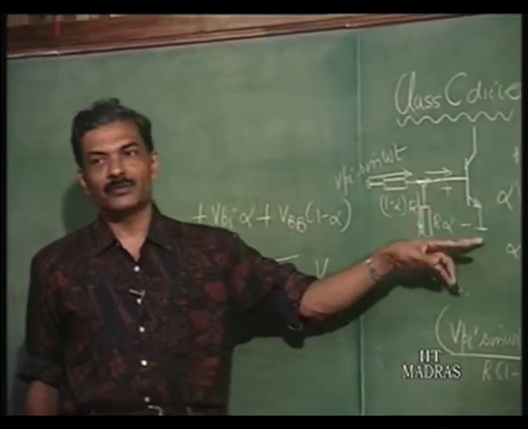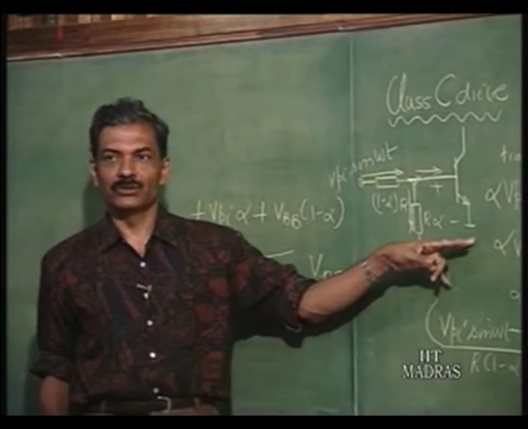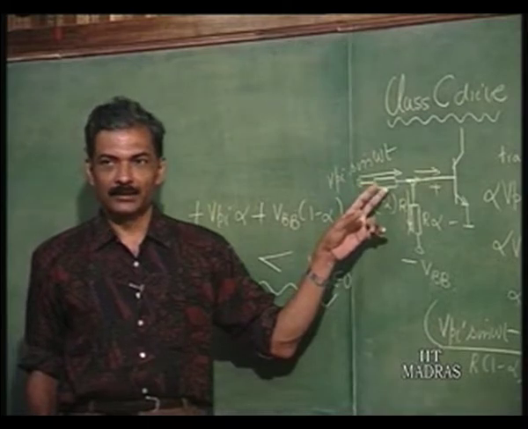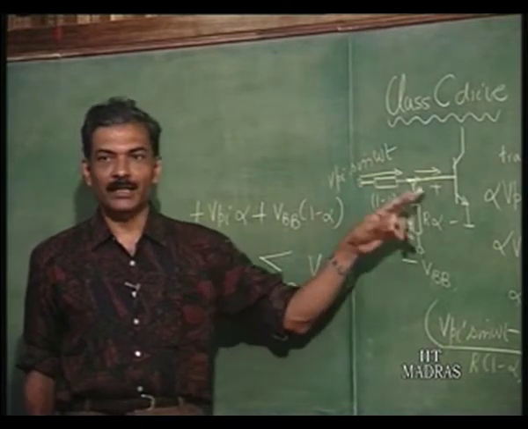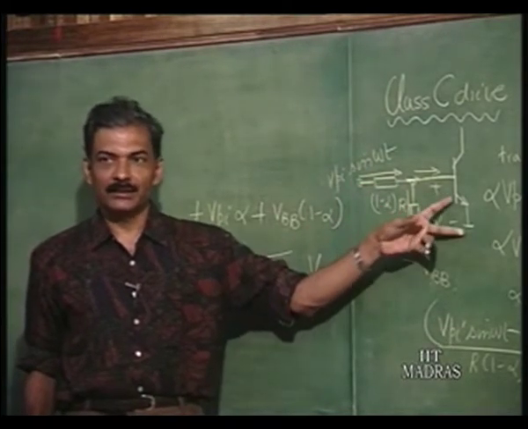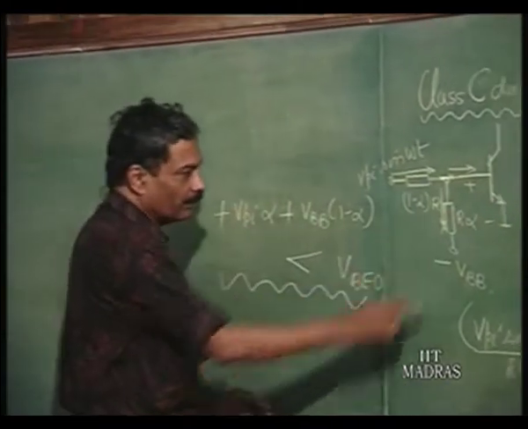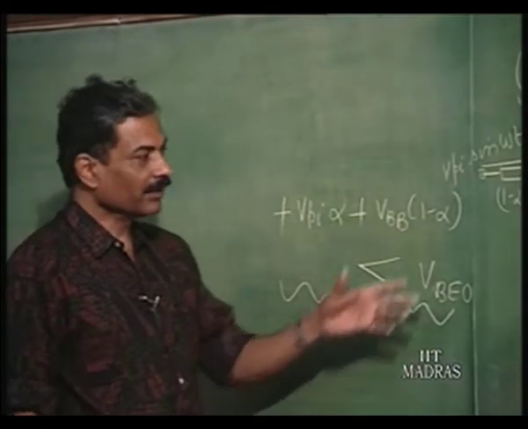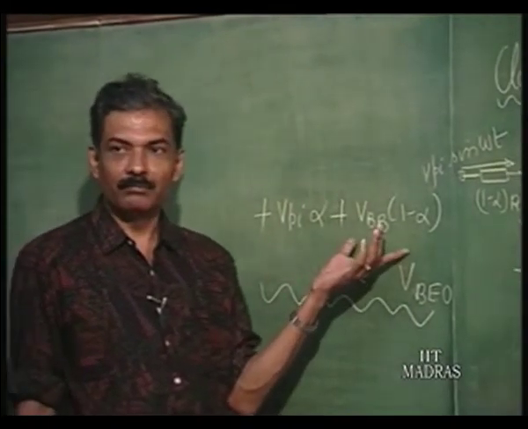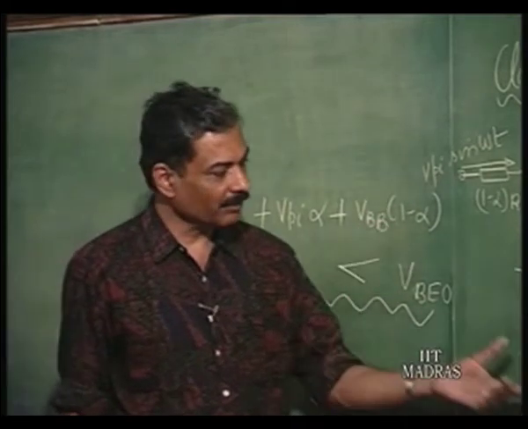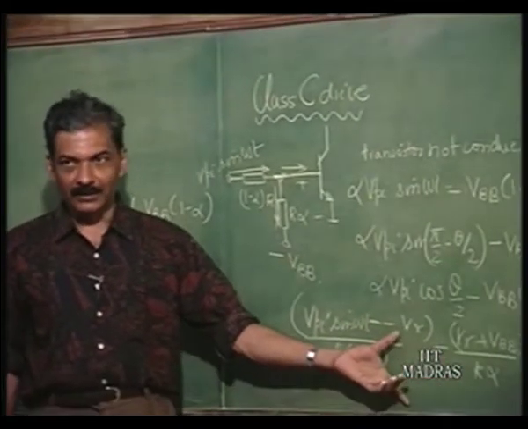So the reverse bias voltage was only minus 2 volts. It was always restricted to minus VPI. So we can always select VPI in such a manner that it does not break down. Once we introduce VBB, this requirement will go up. So you have to be cautious about this, even though there is considerable flexibility now in your design.